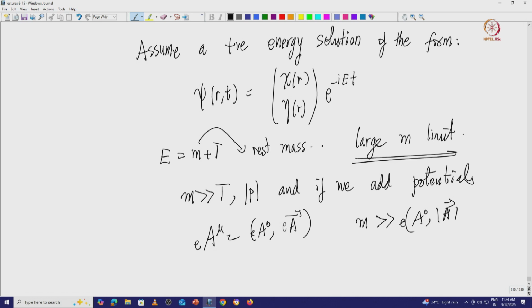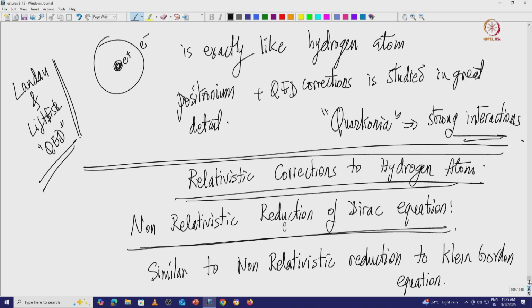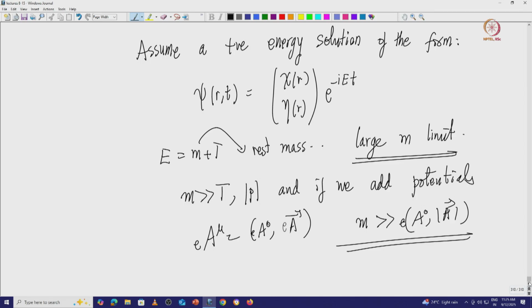So m is the largest element in your equations. Now, in the large m limit, put this wave function in the Dirac equation.